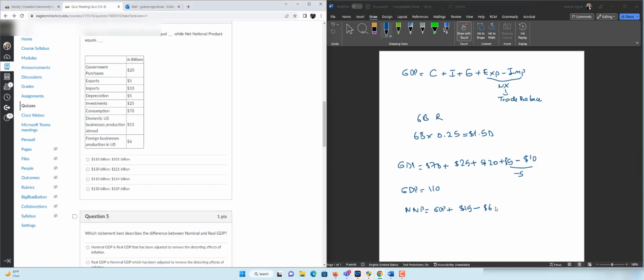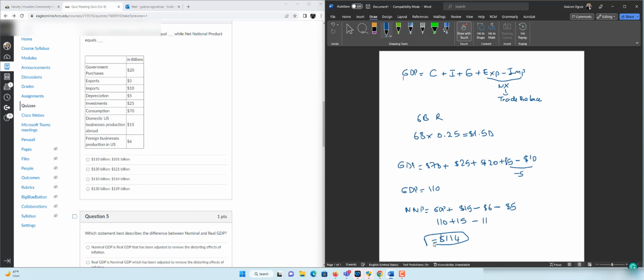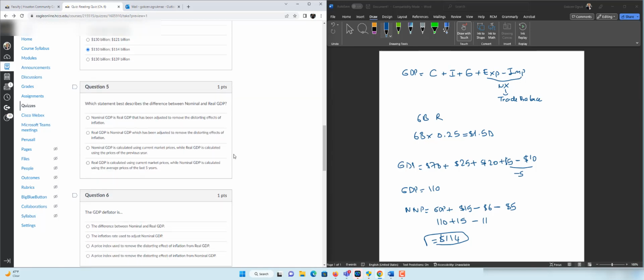And then we are going to subtract the depreciation, which is 5. So here is 110 plus 15 minus 11. That is going to be equal to 114. This is the net national product. So the right answer is 110 for GDP, 114 for the net national product.